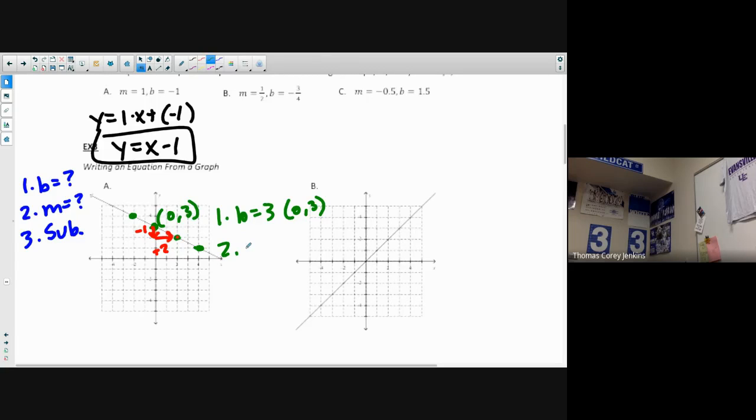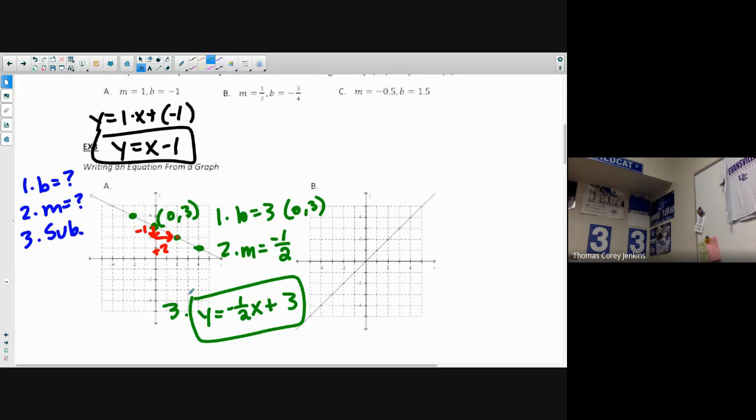So M equals -1 over +2. That would be -1/2. So then, as we finalize our answer, y equals -1/2 times x plus 3.